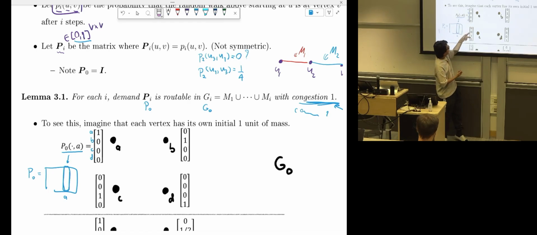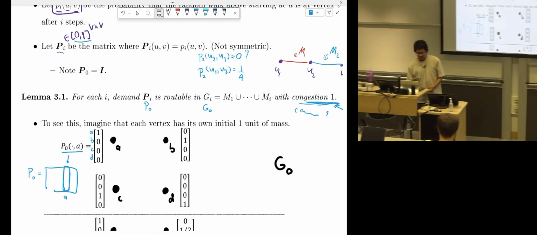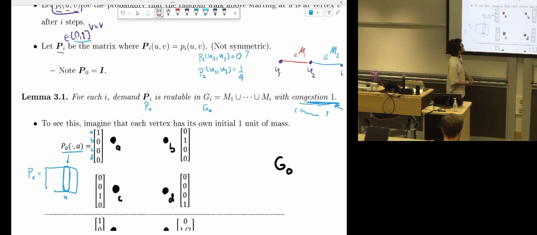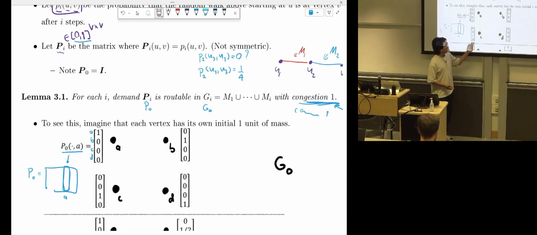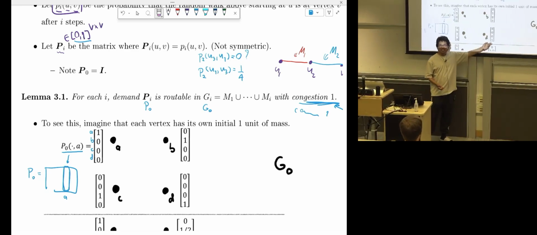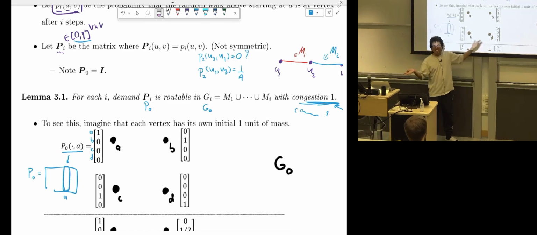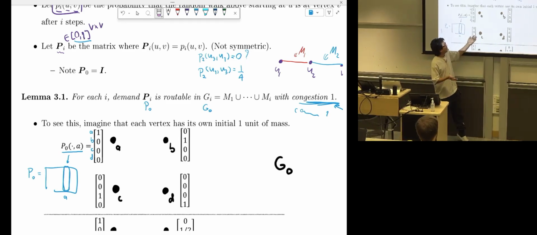And in the beginning, everyone just has an elementary unit vector. Okay. And this demand is clear that you can route. You don't need to route here. You can route it with congestion 1 in an empty graph because you don't need to do anything. Okay.